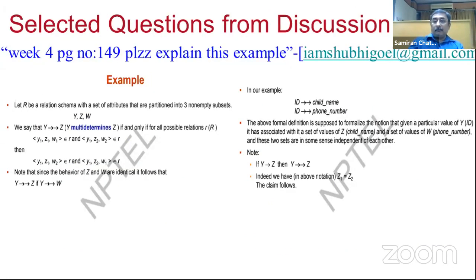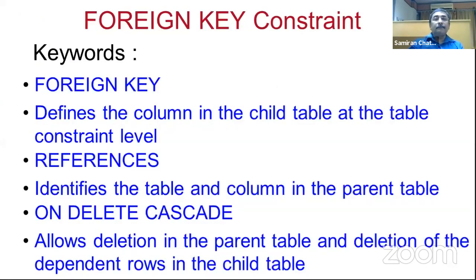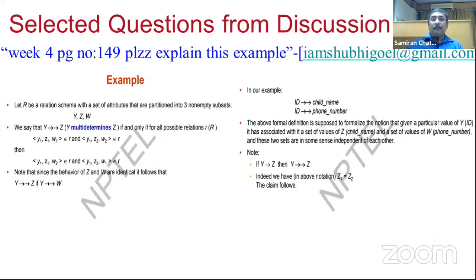The next question was an example from multi-valued dependency, which is a little, I would say, tricky. The treatment I see in this example is absolutely right, absolutely fine as far as the formal description of MVD is concerned.